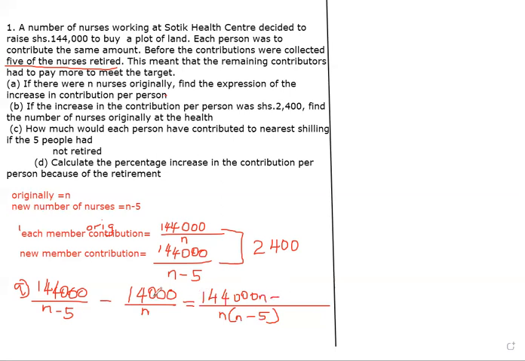Then n minus 5 over n goes, n goes into n, so we'll have 144,000 times n minus 5. You must simplify it. You can't leave it at this point. So you say 144,000 n minus 144,000 n, there we'll have 0.